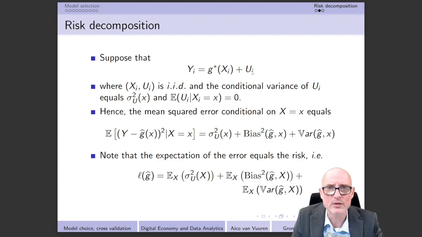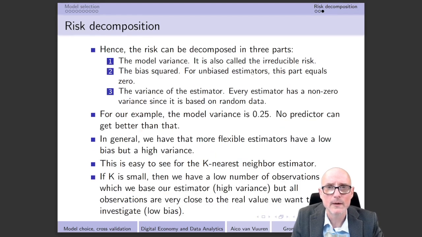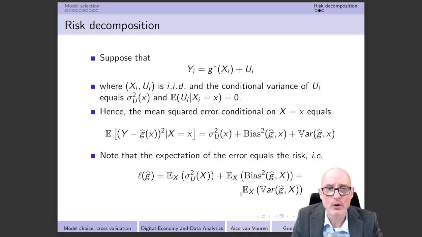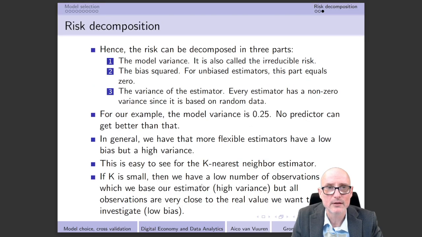And that means of course that the model variance was equal to 0.25, and that implies that the risk that we have can never be below 0.25. Anybody who is going to claim that he or she has a prediction method that can give us a risk lower than the 0.25 that we have over here is not telling the truth in that sense.